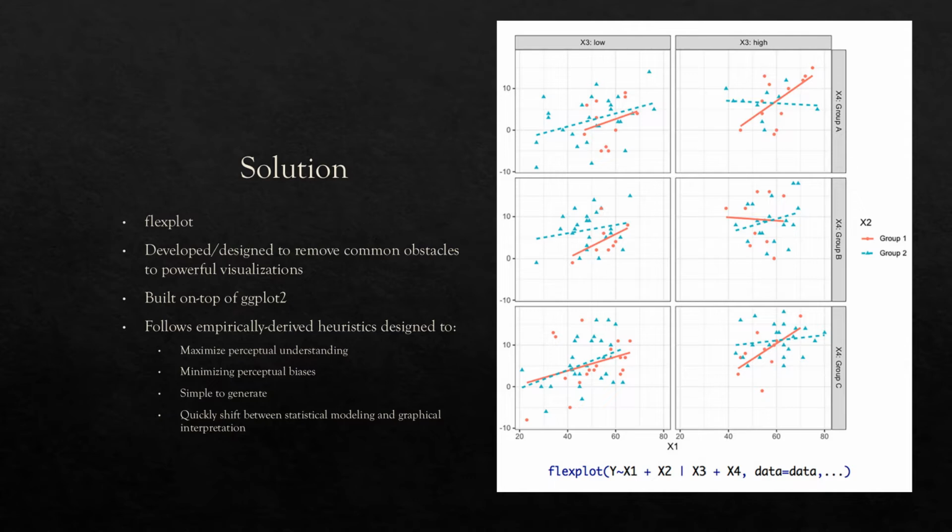FlexPlot was the author's solution to his motivation. It's developed and designed to remove common obstacles and to provide powerful visualizations with little to no coding on the visualization aspect needed. A lot of the structure of the code follows similar semantics as does the model.